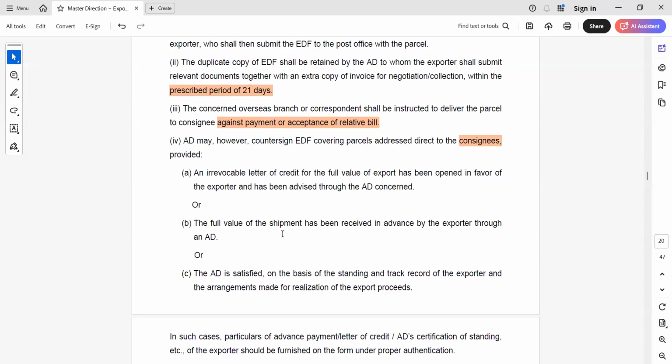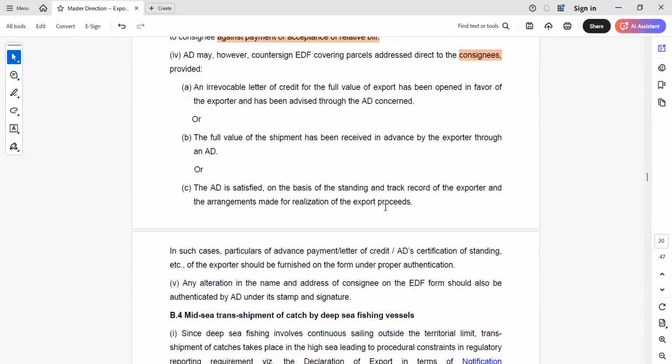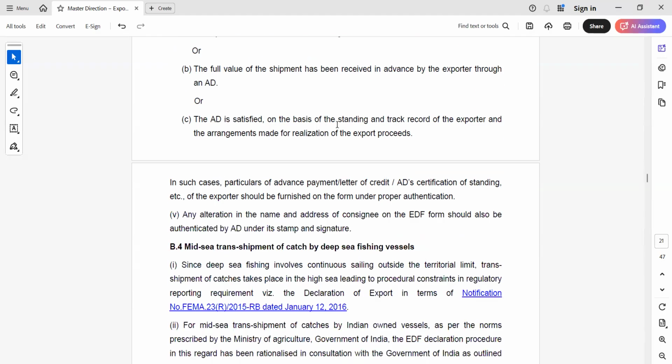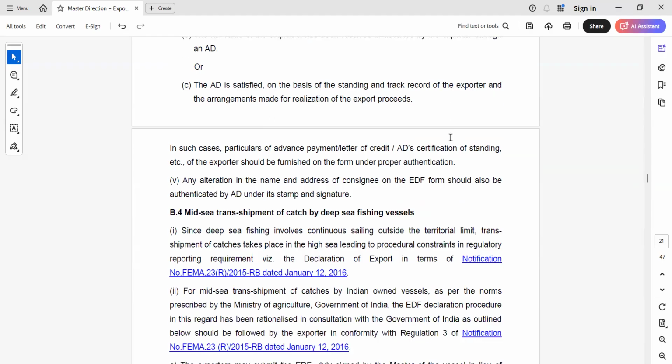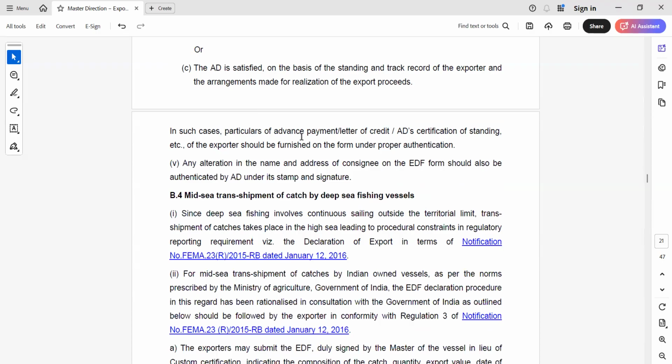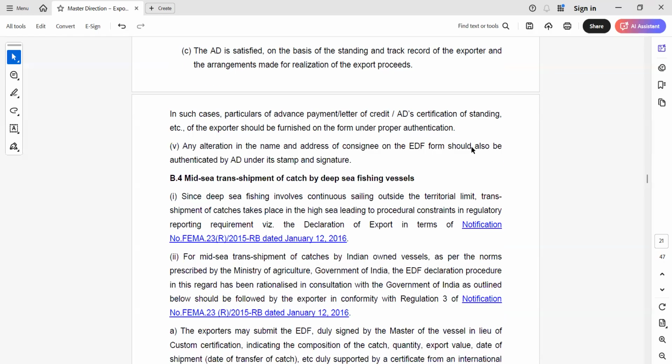The full value of the shipment has been received in advance by the exporter through an AD. The AD is satisfied on the basis of the standing and track record of the exporter and the arrangements made for realization of the export proceeds. In such cases, particulars of advance payment, letter of credit, AD certification of standing, etc. of the exporter should be furnished on the form under proper authentication.